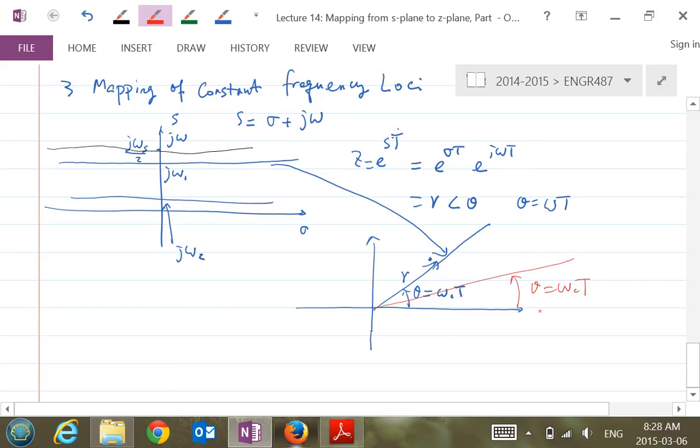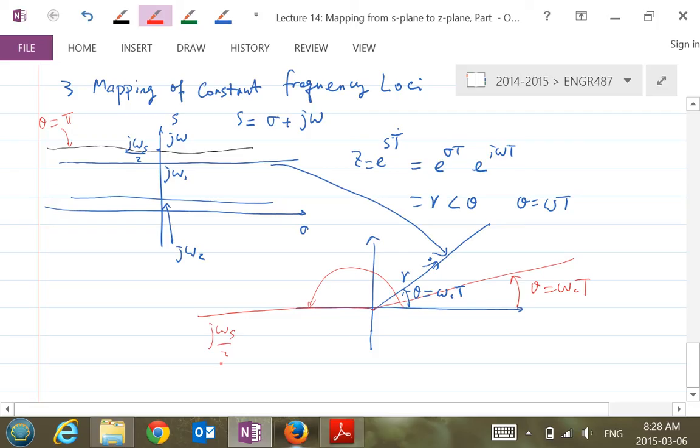Like this? No. This one here, right? For this black one here, theta is actually equal to pi after mapping. That's the j omega s over 2 line being mapped here.